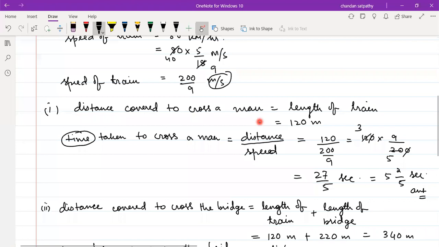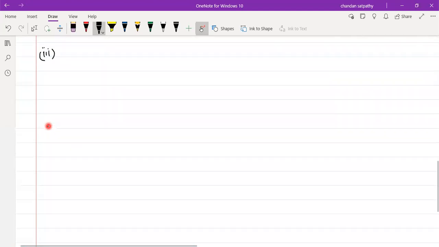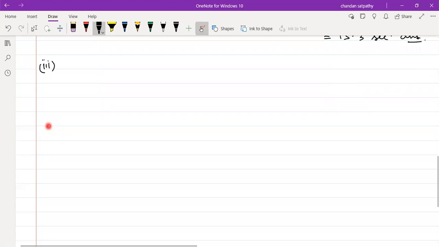Okay. Now you see bit 3. What is there in bit 3? See the question, look at the question, question number 1, bit 3. It's saying that the time taken by it to pass another train 180 meter long and which is running at a uniform speed of 120 km per hour in opposite direction. So here it is given that two trains are passing.